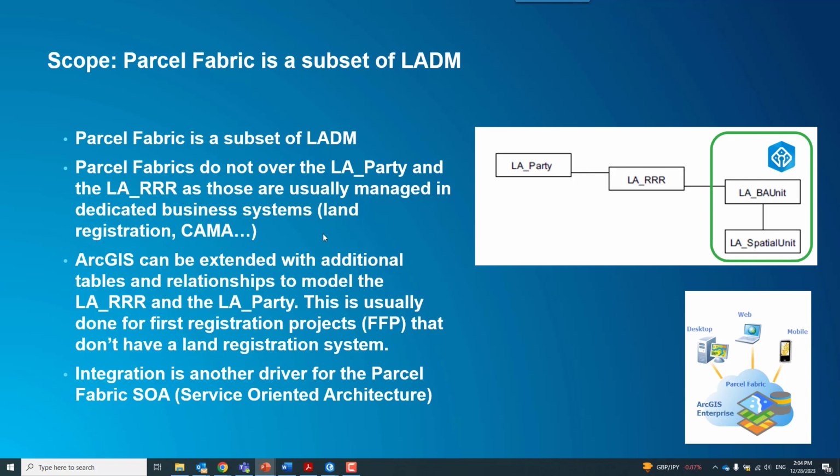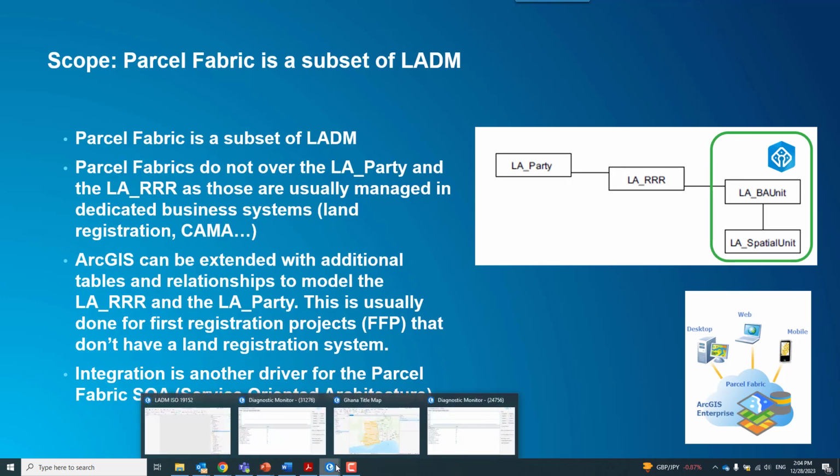If you wanted to, you could extend it. And because we are using services, it's actually easier and more sustainable to integrate it to other business systems using service-oriented architecture. But if you wanted to, let me show you an example from a system that we did model.